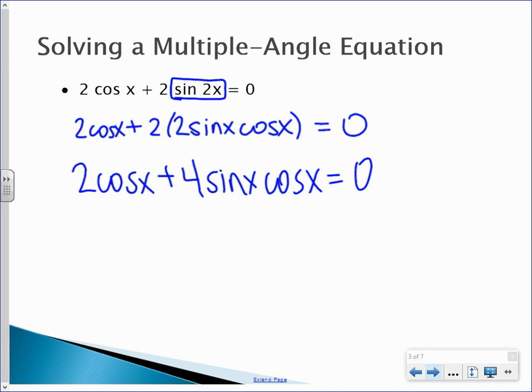Okay. Pod 2, what did you all talk about? Okay, we have a GCF of 2, and we have a GCF of cosine of x. So if we factor that out, left over we have 1 plus 2 sine x.